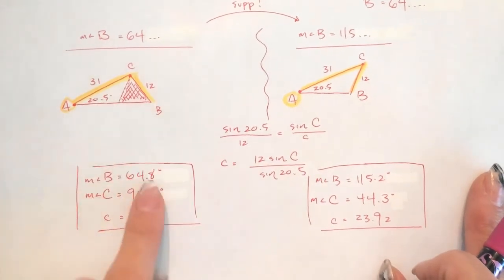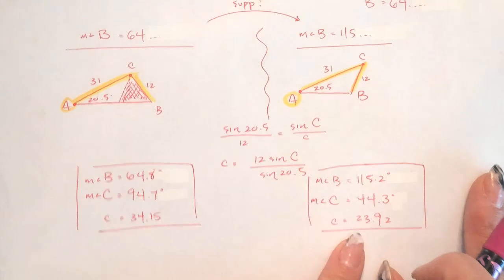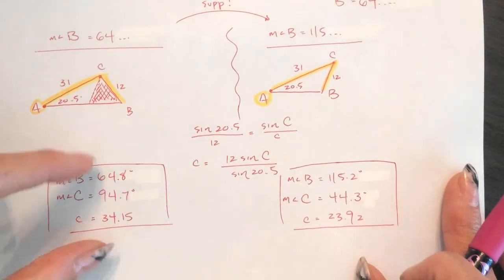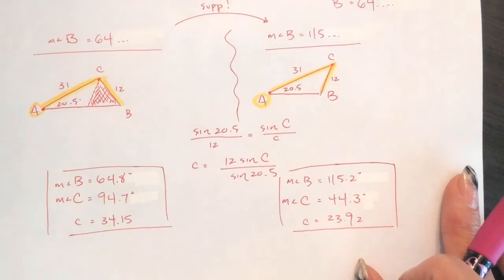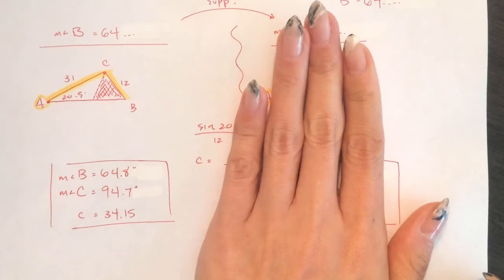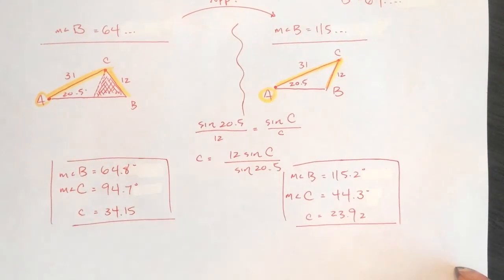And then you get two full answers. This is one triangle, this is another triangle. You had three pieces of information, and then now you have another three. These are my two options for triangles, okay? If you just have one, that is less than half credit, because you don't even realize that there's another answer, okay? There's three other answers.